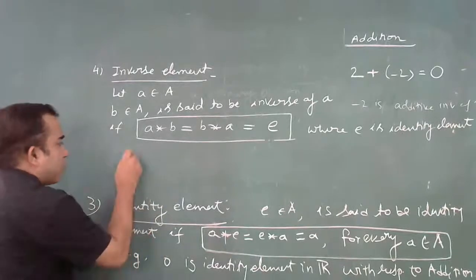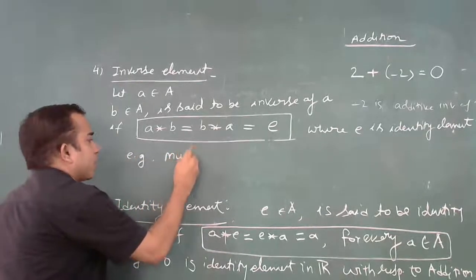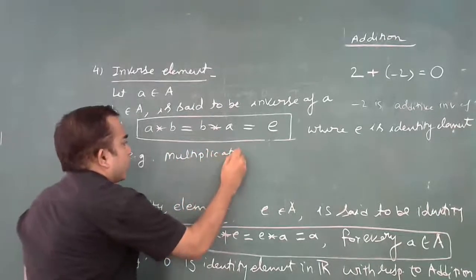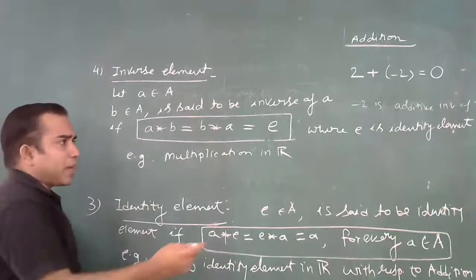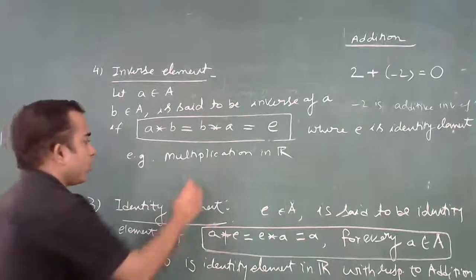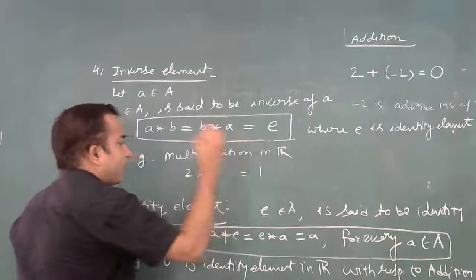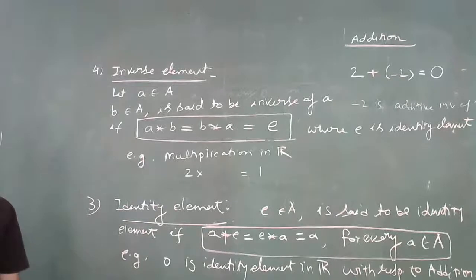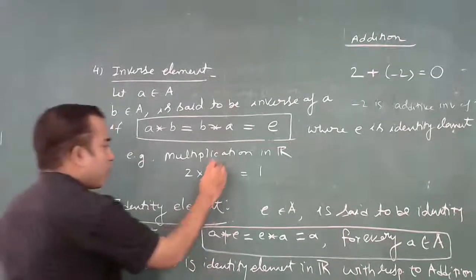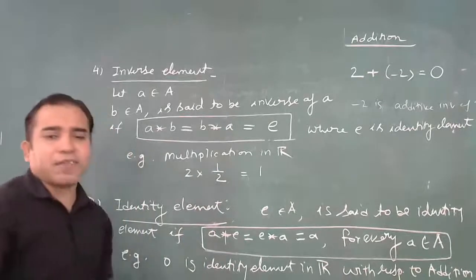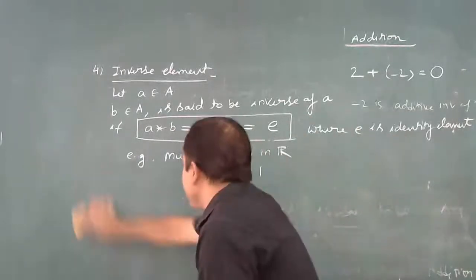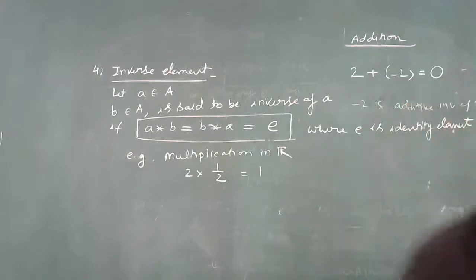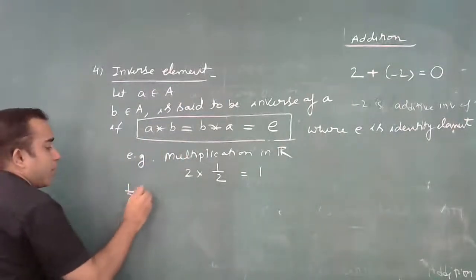For example, one more example, if I see multiplication, if I take real numbers, right? Multiplicative identity, many of you have told 1. So in 2, what should I multiply so that I get 1? 1 by 2. ठीक है। हम क्या बोलेंगे कि 1 by 2, राइट? अब हम बोलेंगे 1 by 2 is inverse.